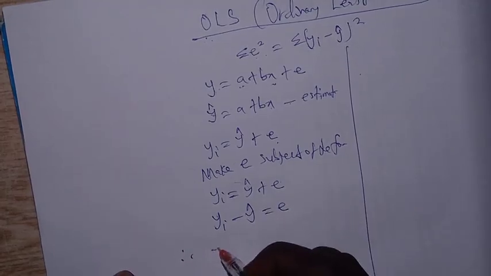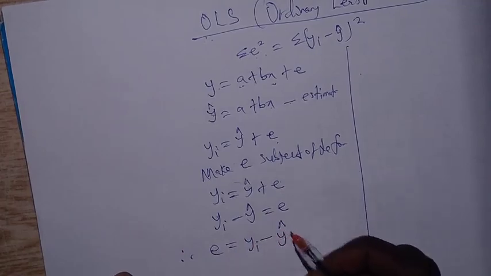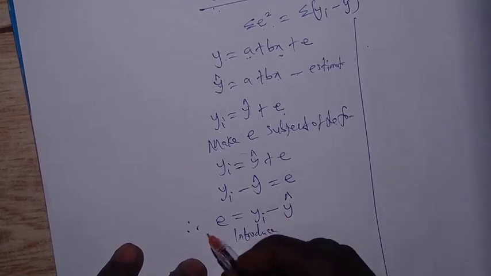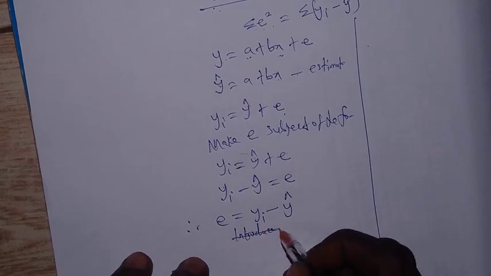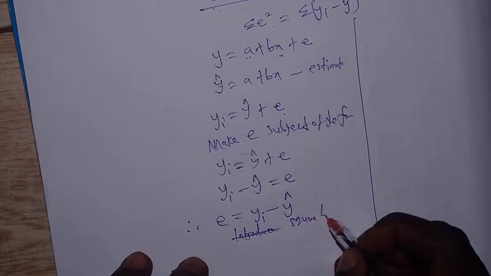Therefore, e equals yi minus y cap. Now from here, let's square both sides.